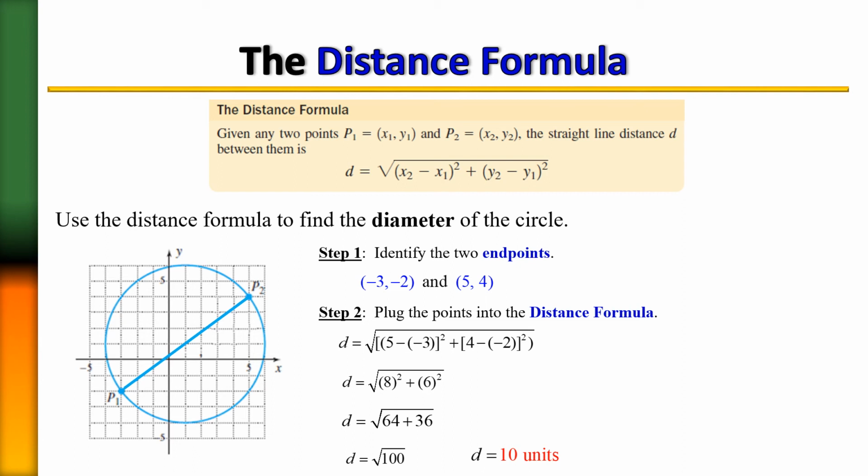And if you were asked to find the radius, which is the halfway point, then you would just simply divide that by 2, which means the radius would be 5. But in this example, we were asked to find the diameter of the circle. So the diameter, using the distance formula, is 10 units.